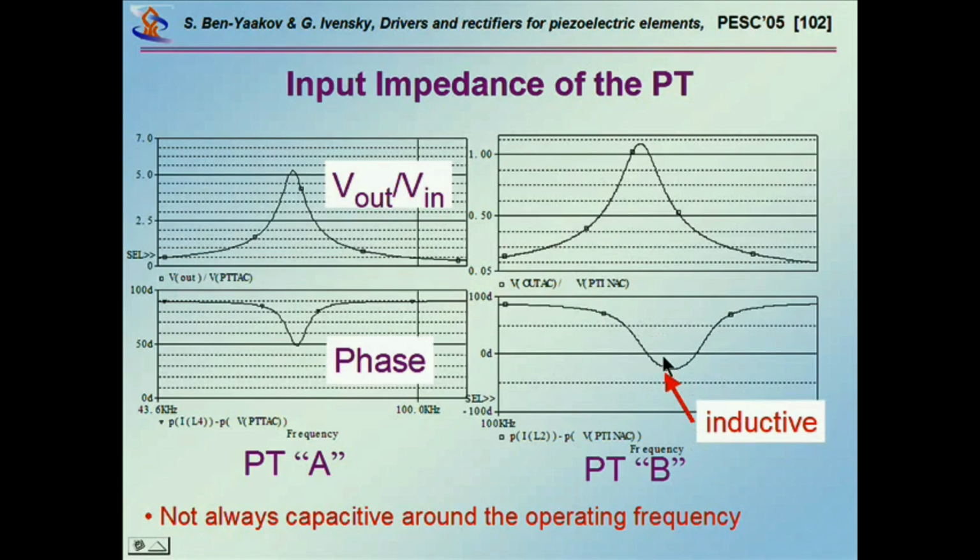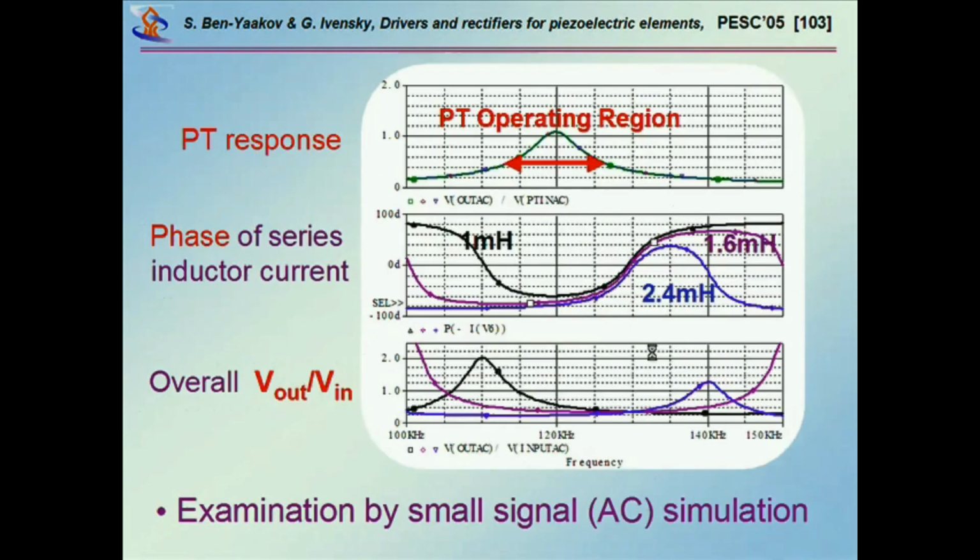So really at the operating region, the transformer is not capacitive. Although it has an input dielectric capacitance, it is not capacitive. So this is why it is very difficult to do an estimate by analysis, and probably the simulation is the best way to go, and this is what we have found.